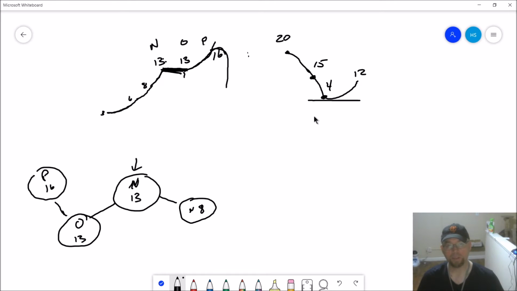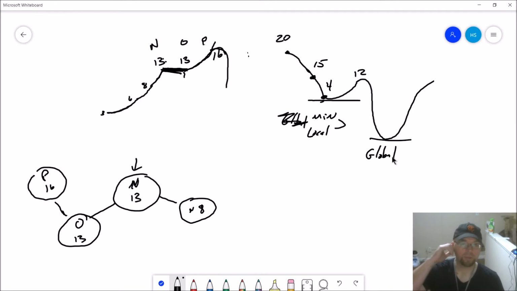Well, now this is a minimum, and then you can have a global minimum and a local minimum. In this case, this is the global minimum.